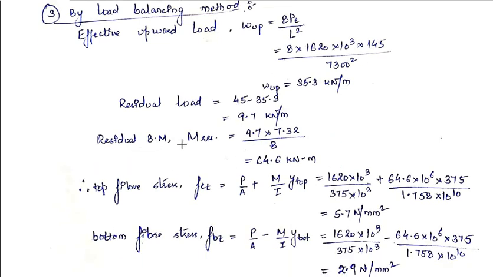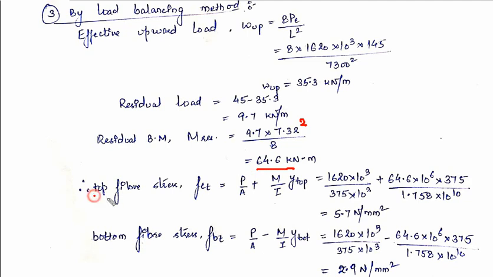Therefore, the residual bending moment will be 9.7 into WL by 8. We know that the value of the bending moment due to the UDL is WL square by 8. So here just make one correction. This length will be whole square. So after solving this, we will get the value as 64.6 kilonewton meter.